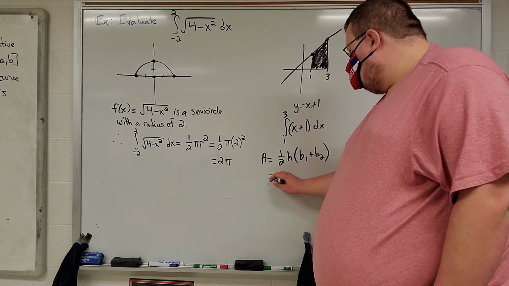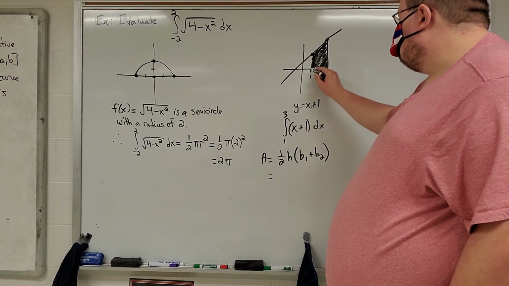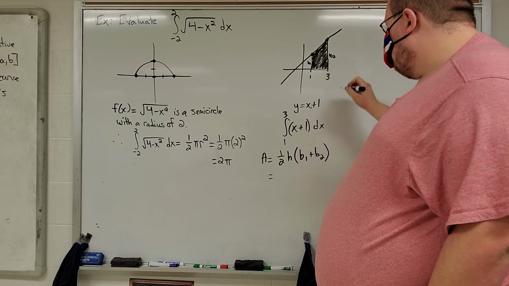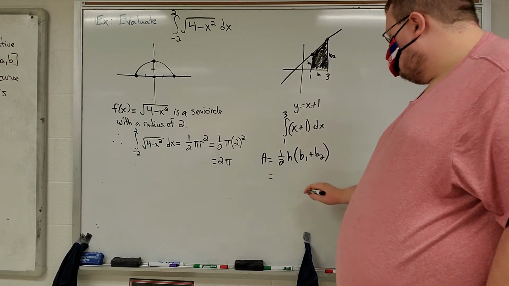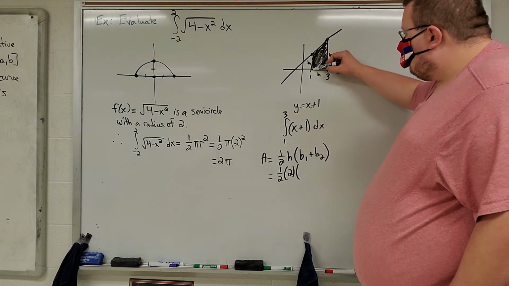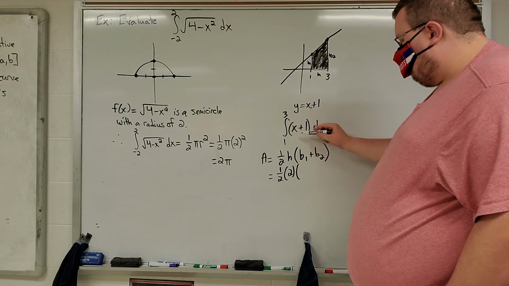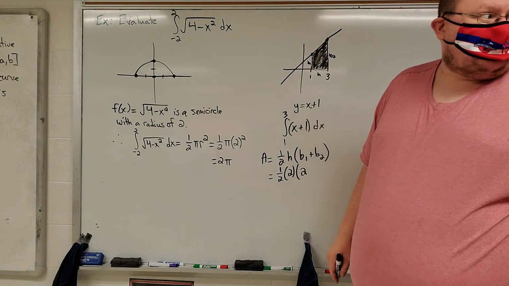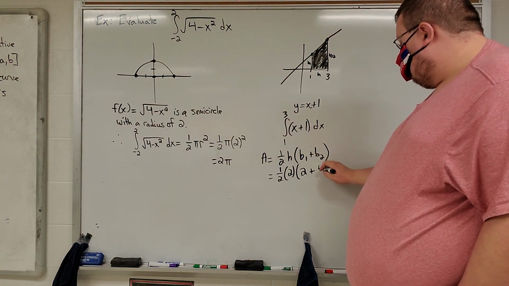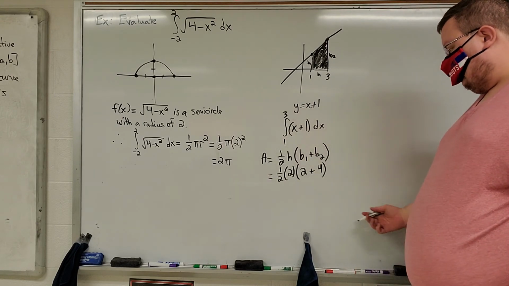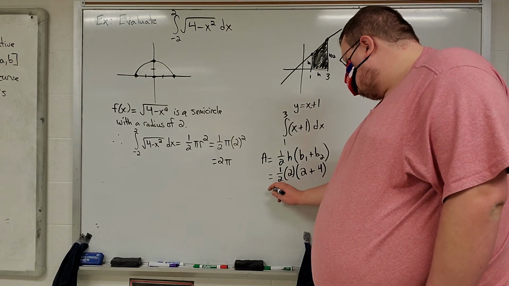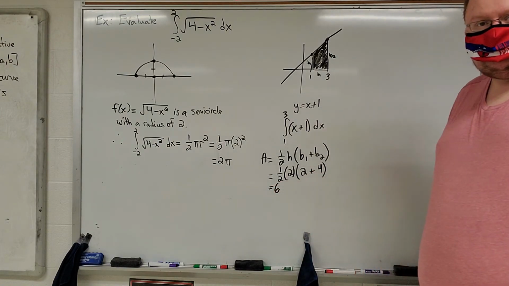Since your trapezoid's on its side like this, your bases are right here, B1 and B2, and this would be the height of your trapezoid. So the height in this case is 2. To find the bases, I plug 1 into that function and get 2. If I plug 3 in, I get 4. So the area is 1/2 of 2, which is 1, times 2 plus 4, which is 6. So that integral is equal to 6.